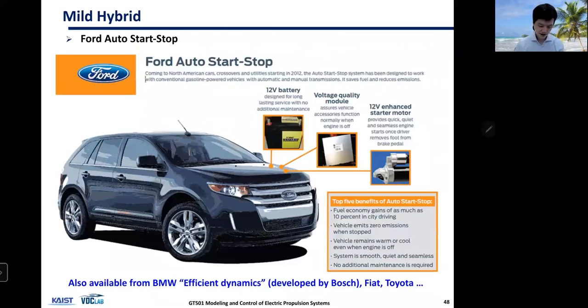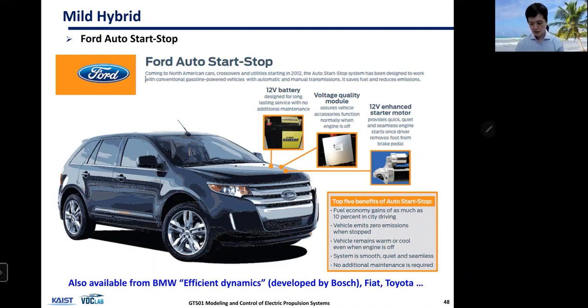Finally, mild hybrid is literally a mild hybrid, or sometimes it's called micro hybrid, where you use minimal electric components and power.